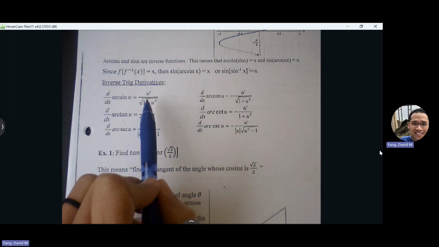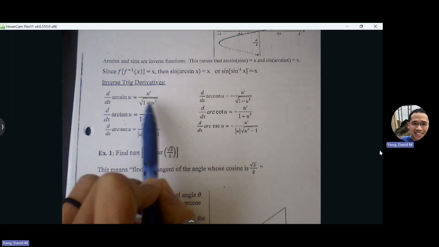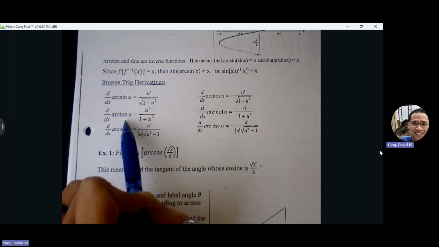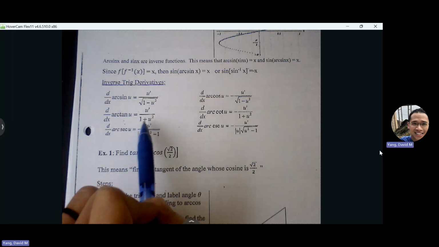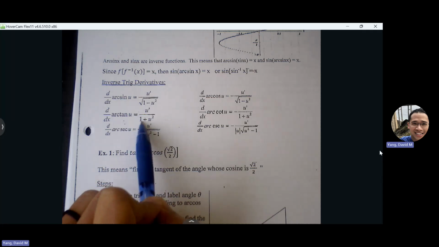So arcsine's derivative is just u prime over square root of 1 minus u squared. Your u value is always what's inside that arcsine function. Arctangent's derivative is u prime over 1 plus u squared. This is the only one without any square roots.